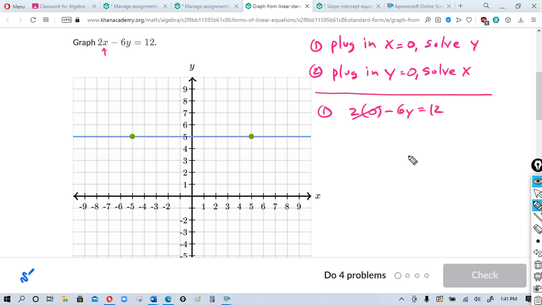This is y times negative 6. The opposite of times negative 6 is divided by negative 6. Okay, negative 6 divided by negative 6 cancels. And y equals 12 over negative 6, which is just negative 2. Okay, so when we plugged in x equals 0, we got y equals negative 2. So the point is going to be x equals 0, y equals negative 2.